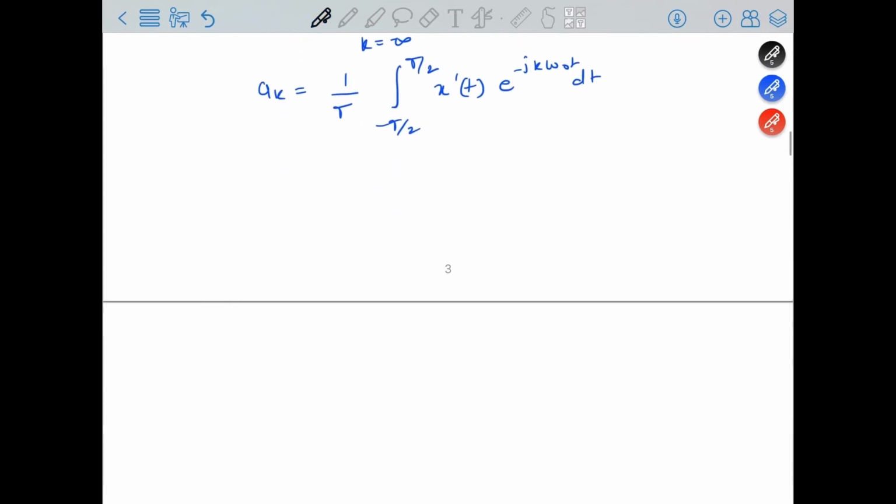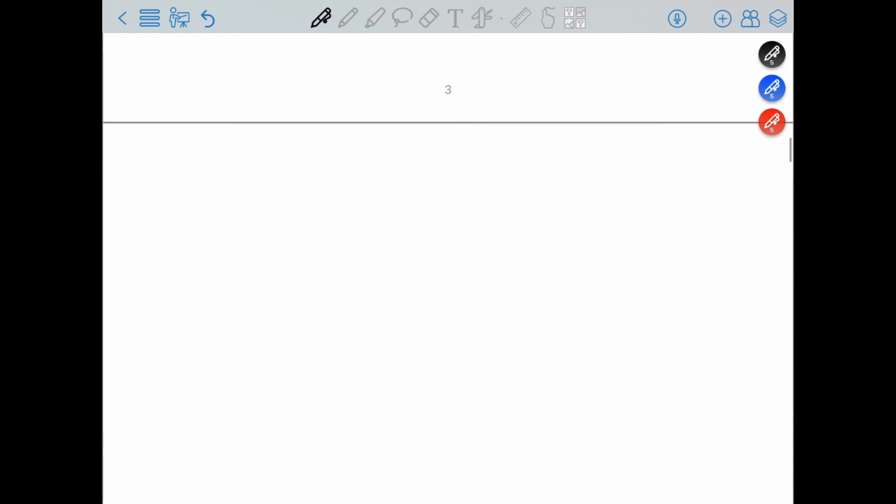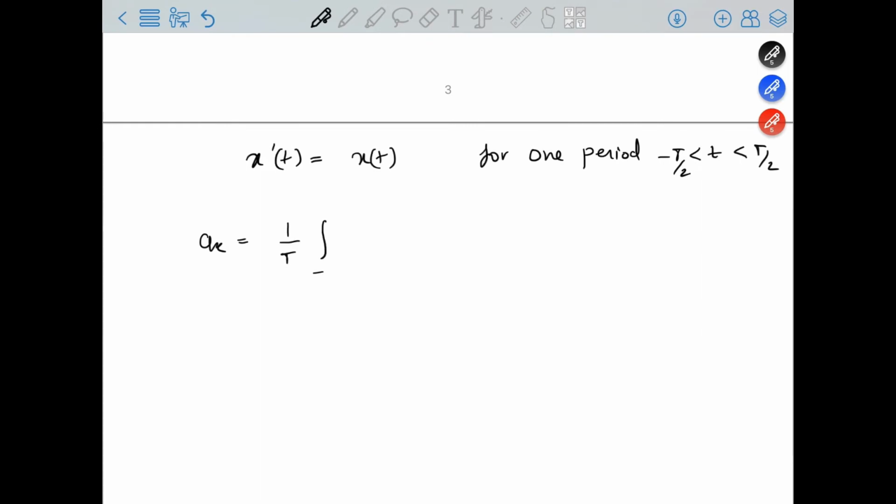So, now since your x'(t) is equal to x(t) for one period, and that period is basically minus T by 2 to T by 2, and it is 0 in all other intervals, we can write a_k as 1 by T, integral from minus T by 2 to T by 2 of x(t) e^(minus j k omega naught t) dt.